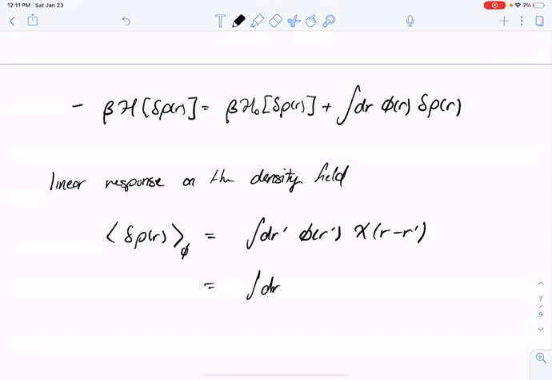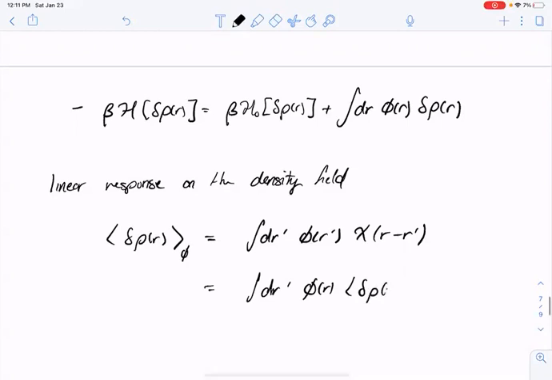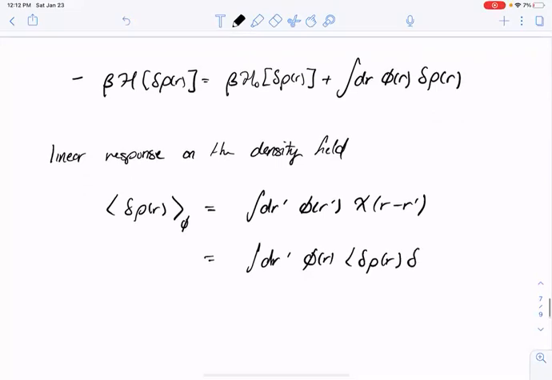Inserting what we mean by chi as the correlation function between density fluctuations at r and r prime. So we have here a generalization. Of course, this is evaluated in the absence of the perturbation, something we'll expand upon next lecture.